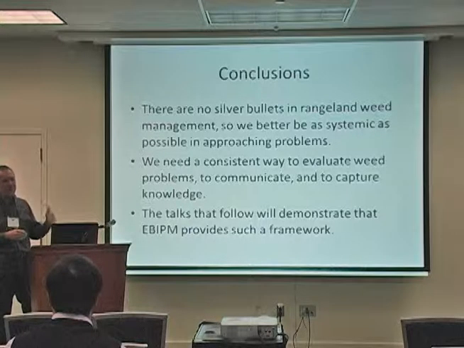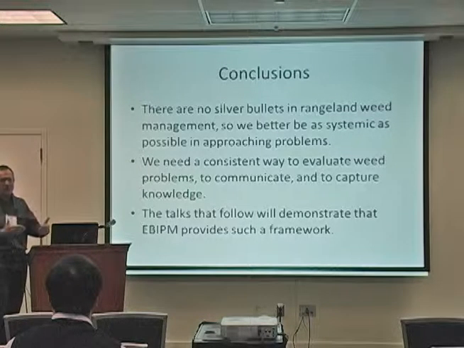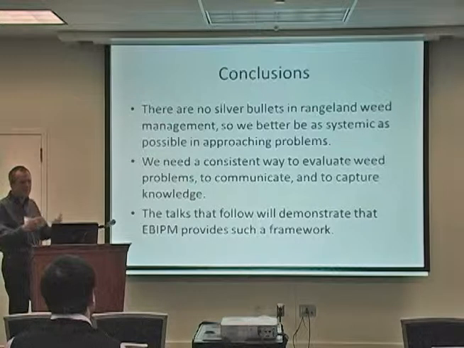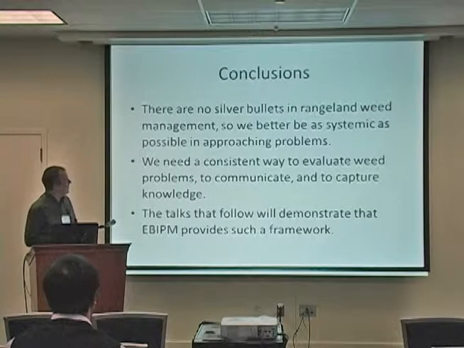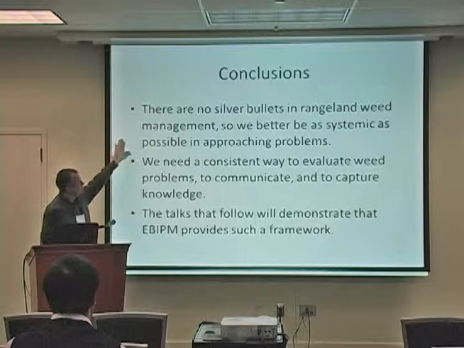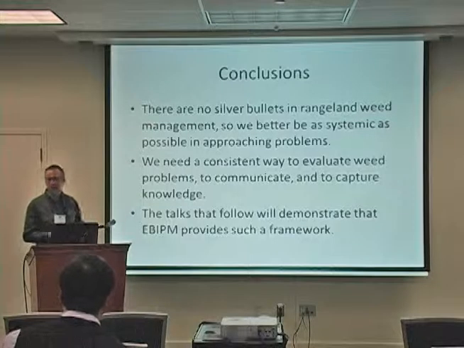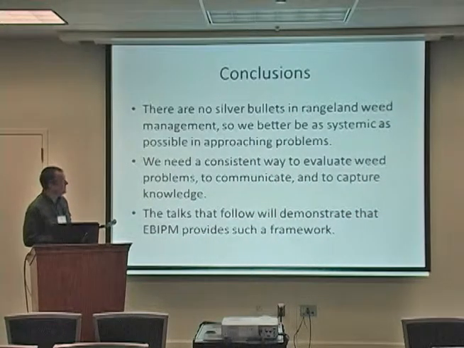The one-time treatments, going in and dealing with the problem and walking away, are not going to get you where you want to be in terms of restoration. It's going to be a continual commitment, maybe multiple treatments, and it may be multiple years. So I think if we approach things as systematically as possible, we'll be more efficient than if we just hit things the way we have in the past.